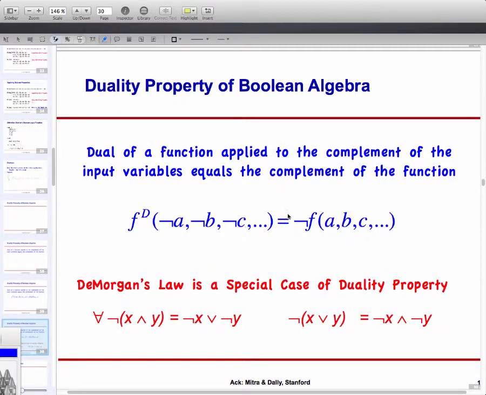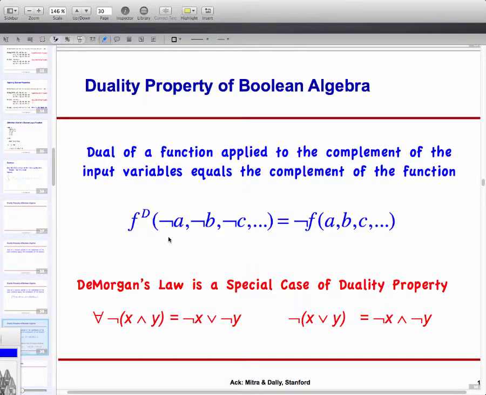And our duality theorem says that not x and not y would be my original function x or y, but the whole thing inverted. So I have inversion in the front. So DeMorgan's theorem is a special case of a more general property which says that the negation of a function is equal to the dual of the function applied to the negated inputs.